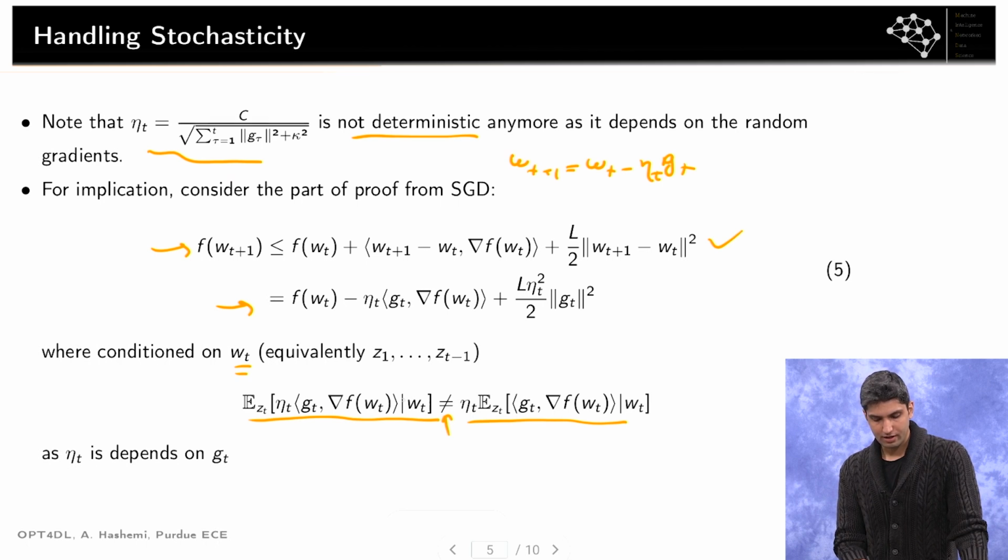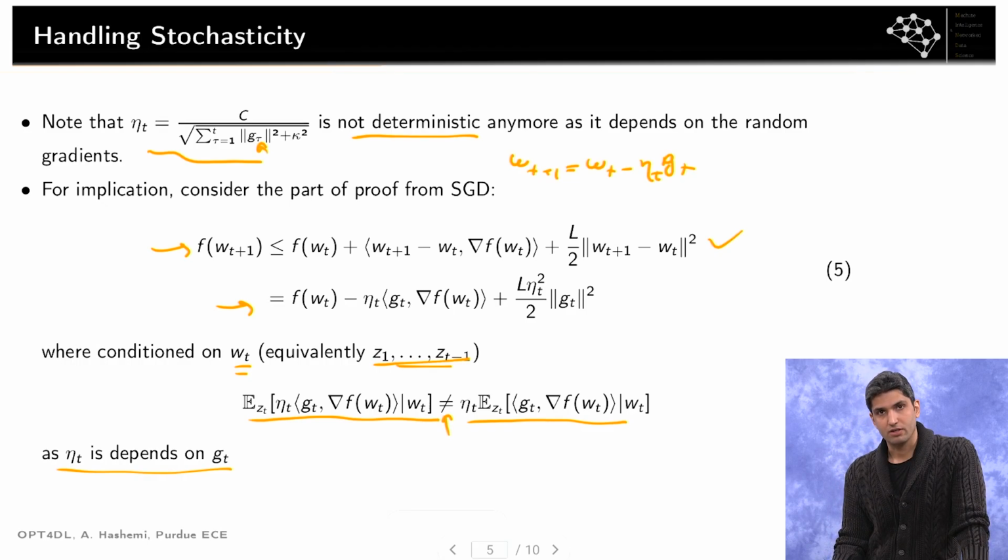Even if I fix the source of randomness in w_t, if I fix the previous mini-batches, I'm still using the current mini-batch when I'm forming my learning rate, because I'm also including g_t in the denominator of my learning rate. So eta depends on g_t, therefore I cannot do this. So the usual way of analyzing our algorithms will fail, and we have to find a workaround.